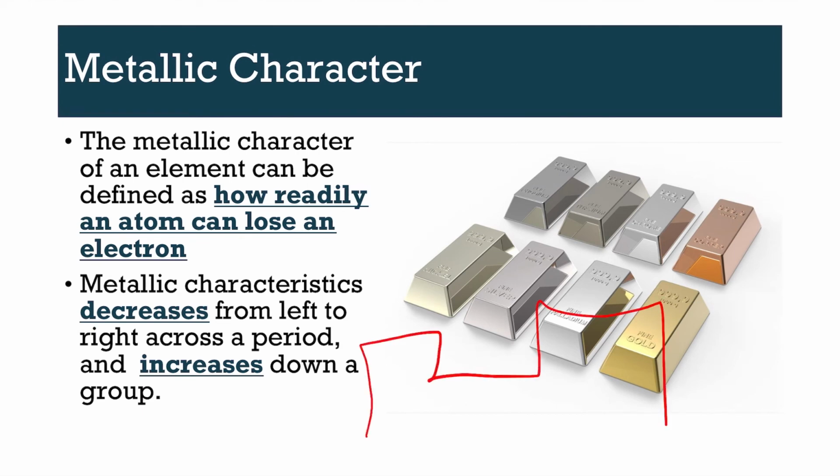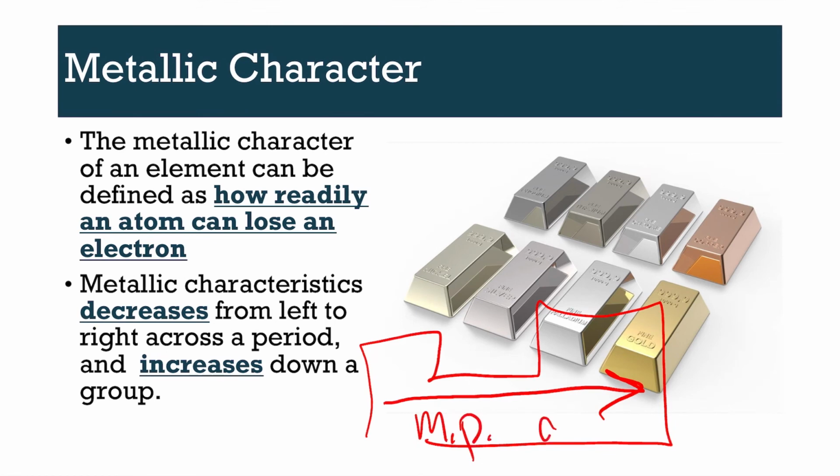So this is your periodic table. And if we're going left to right, metallic properties, MP, decrease. And that makes sense because if you're going to the section of nonmetals, you're going to act less and less and less like a metal because you're not a metal. And as you go down, the metallic character increases.